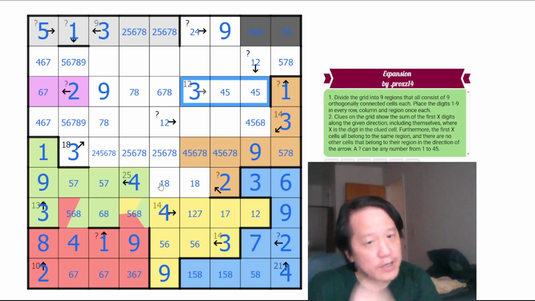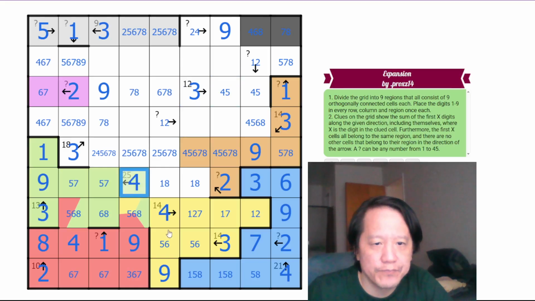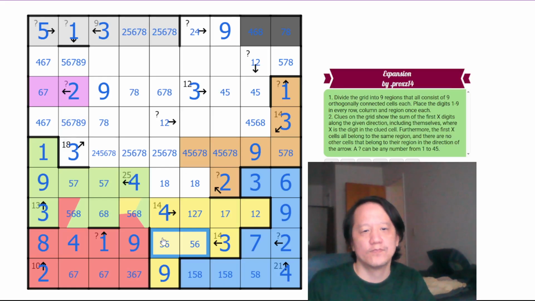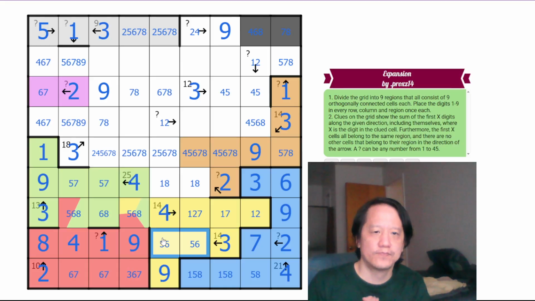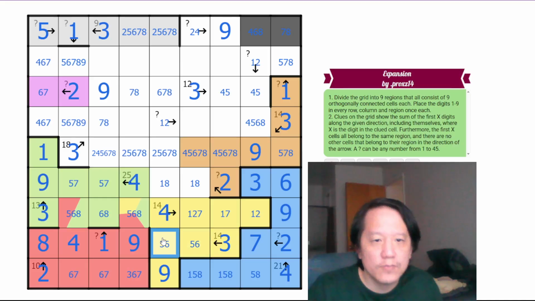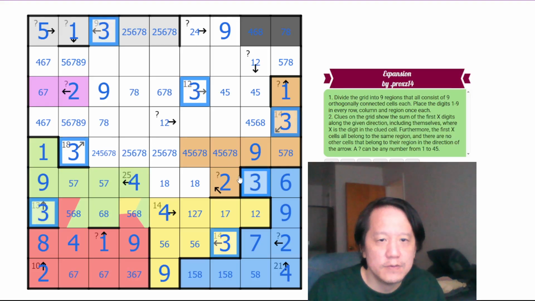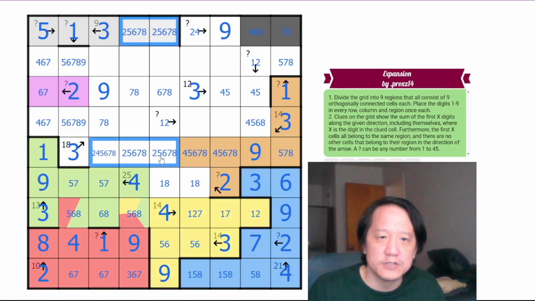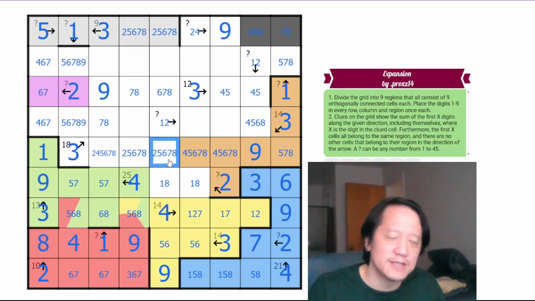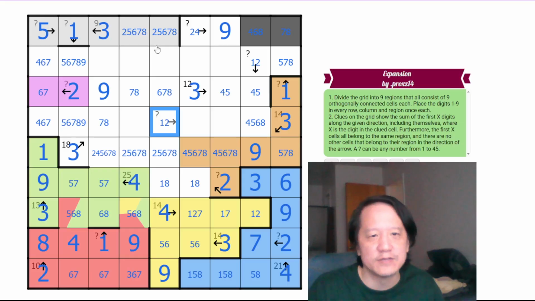What else do we have? We have a 1, 2. Yeah, 1, 2, 5, 6, 8. 1, 2, 5, 6, 7, 8 sextuplet in column 5, which eliminates 1, 2, 5, 6, 7, 8 in the rest of the column.